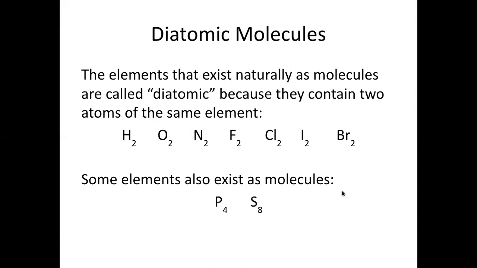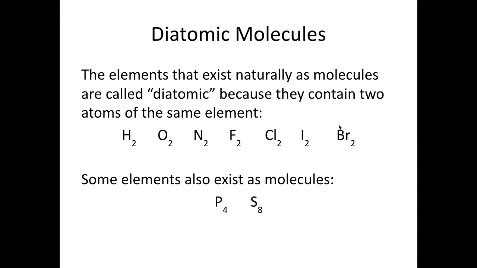So what I alluded to in the last slide is that what we call these molecules are diatomic molecules. These are elements that exist naturally as molecules in nature because they contain 2 atoms of the same element. So this is hydrogen, oxygen, nitrogen, fluorine, chlorine, iodine, and bromine.